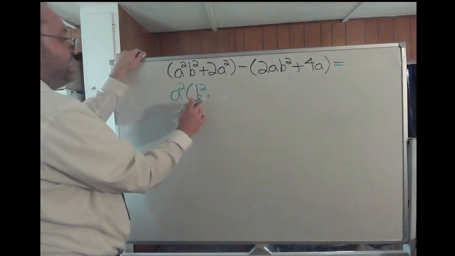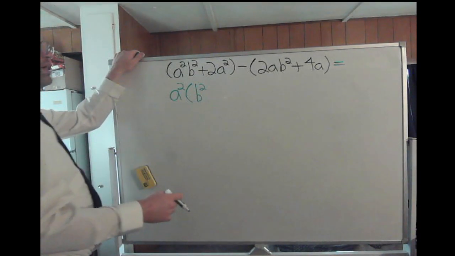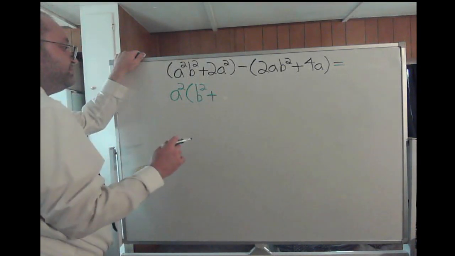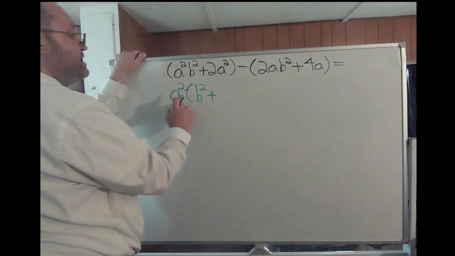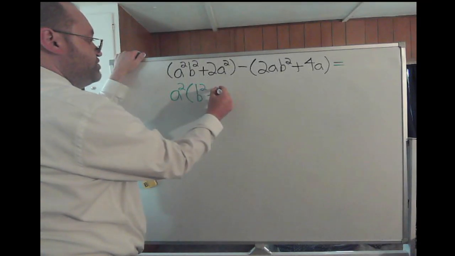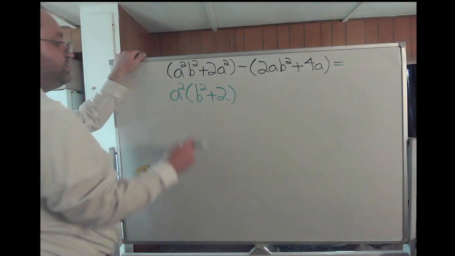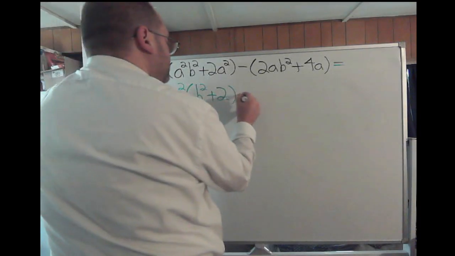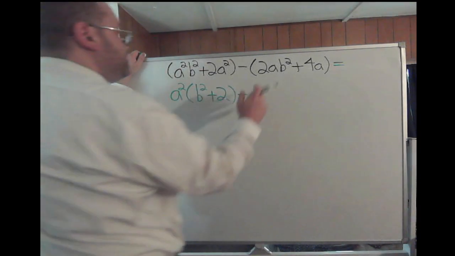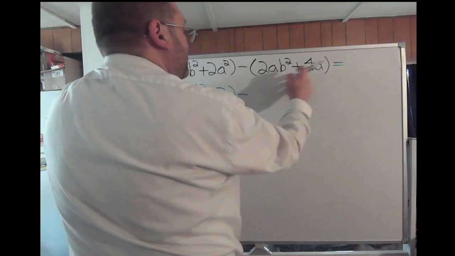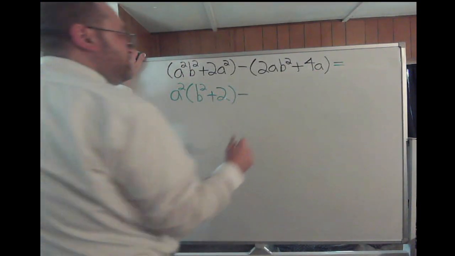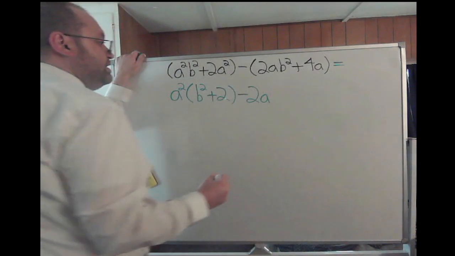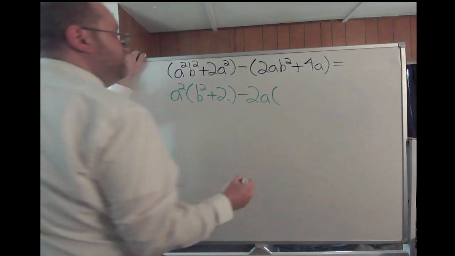Plus, you have a squared times what equals 2a squared? Well, that'd just be 2. So far you have a squared times the quantity of b squared plus 2, minus. Between 2ab squared and 4a, what's a common factor? That'd just be 2a. So you factor out your common 2a.